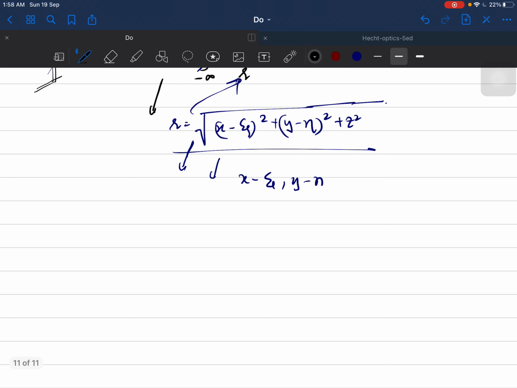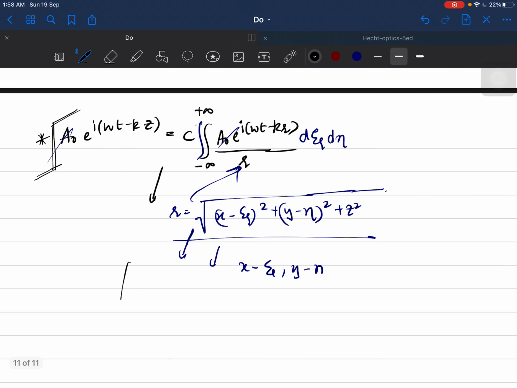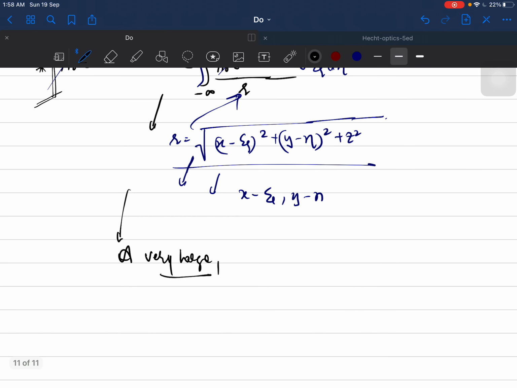What's the point? Okay, what's the point here? Take the aperture very large.